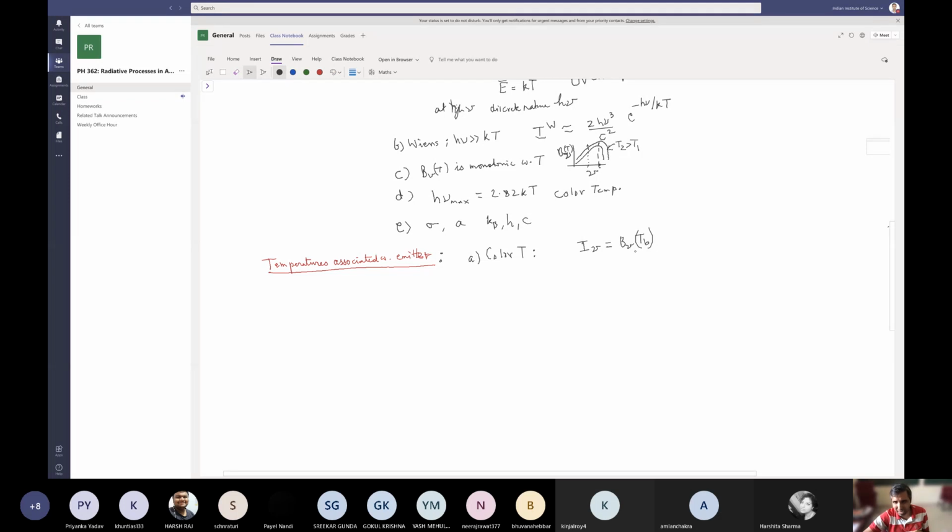You assume that it's a black body emitter and you fit: at what temperature is this specific intensity produced by a black body? And that you call its color temperature. Oh, sorry, this is not color temperature. This is called brightness temperature. I'm sorry about this. Brightness, that's why B.